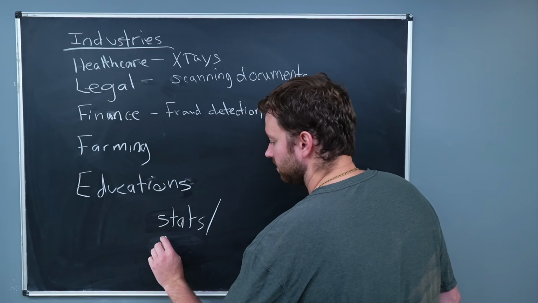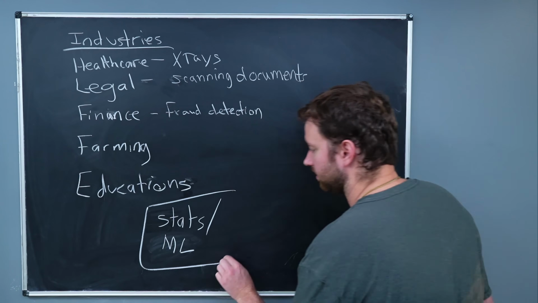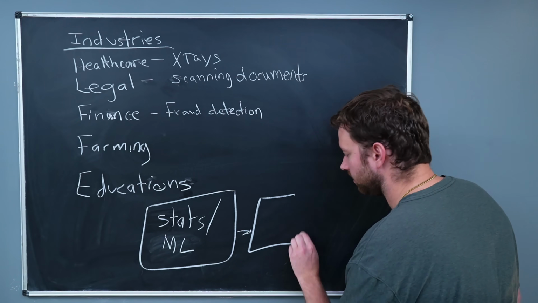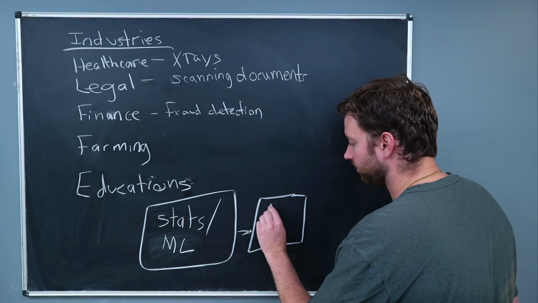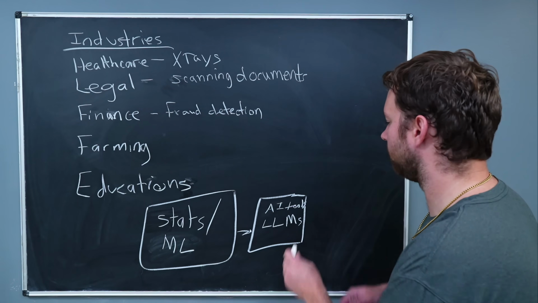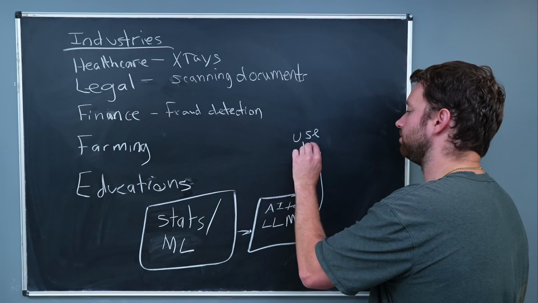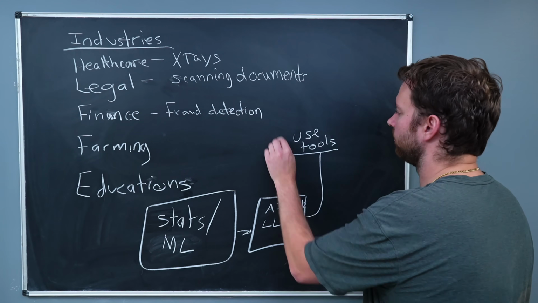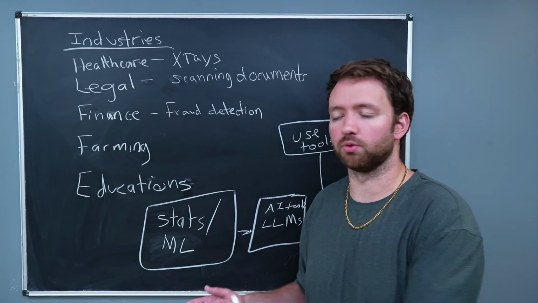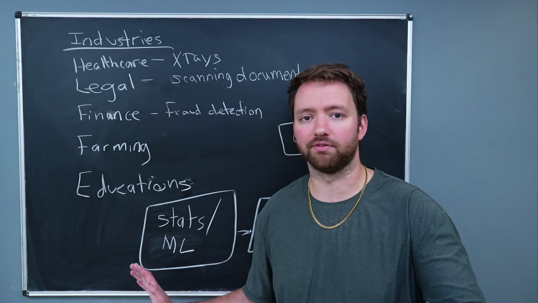We have people that use stats and build machine learning models, do all the advanced AI stuff, and they release AI tools such as LLMs or other things. And then we as developers and users can use those tools. So we usually don't have to get down to the level of creating our own models or using machine learning algorithms. So you don't have to have a stats background to benefit from this course.